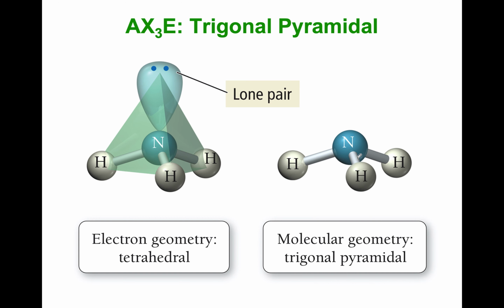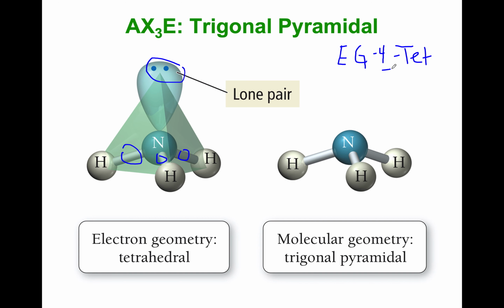So let's look at an example, okay? Trigonal pyramidal, well, where does that come from? Well, the electron geometry is what we start with. You can see that's 1, 2, 3, 4 electron regions, and you may recall that's tetrahedral.